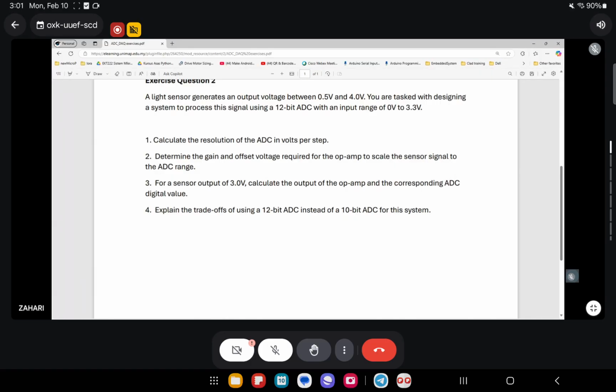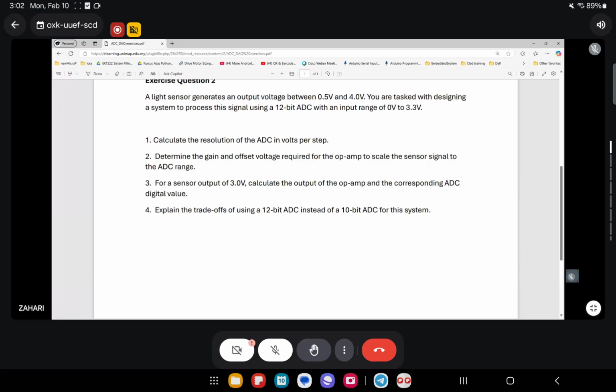The op-amp output is just the output of the signal conditioning, the op-amp. We call it V condition, which is equal to V sensor, the voltage coming from the sensor, going through the signal conditioning, going to your differential amplifier, you multiply by the gain, right? So you get the output. But you also have to add the offset because we are shifting it from the actual value to 0. That is the V offset.